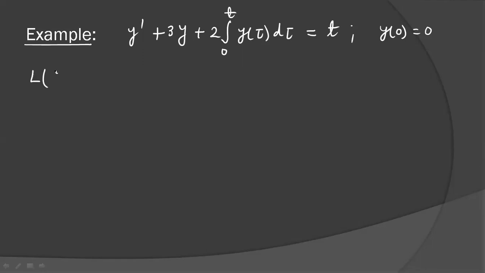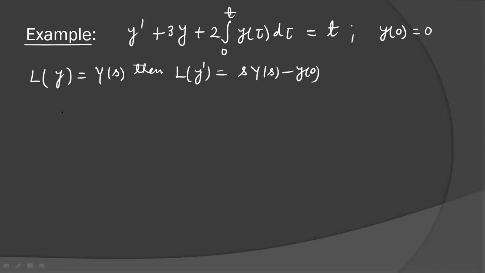I told you if the Laplace of y is Y(s), then Laplace of y dash is sY(s) minus y(0), and Laplace of the integral from 0 to t of y(tau) d tau is Y(s) over s, because by the integration property you divide by s when you integrate.